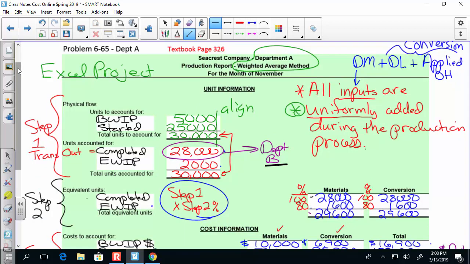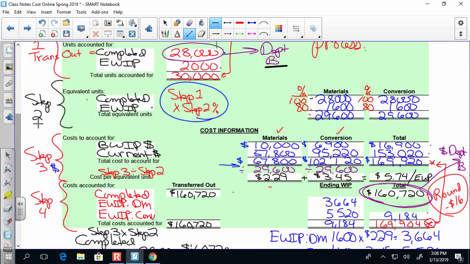Look in Excel. Now this is part of the rubric: company name, production report, for the month of, those all should be in there. The unit information should be shown, and then the cost information in the second half of the worksheet. These templates are what I'm looking for from your group.